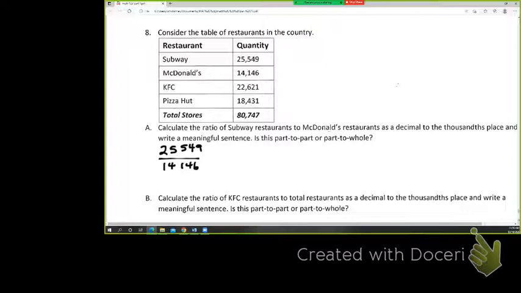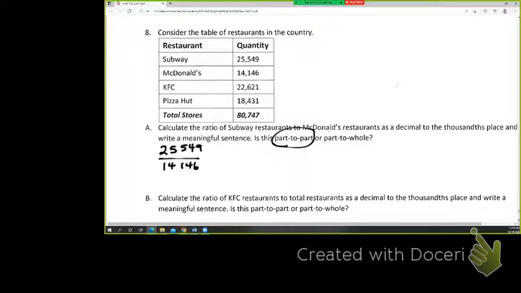Subway is not a part of McDonald's, or McDonald's a part of Subway. So this is part to part. Since it is part to part, your meaningful sentence cannot be a percent. So to make this a decimal to the thousandths place, I would write this down first. Now you're just going to type that in your calculator.